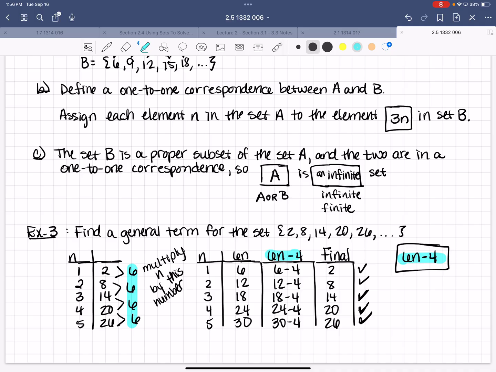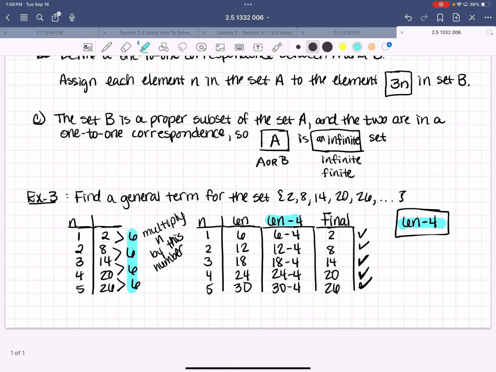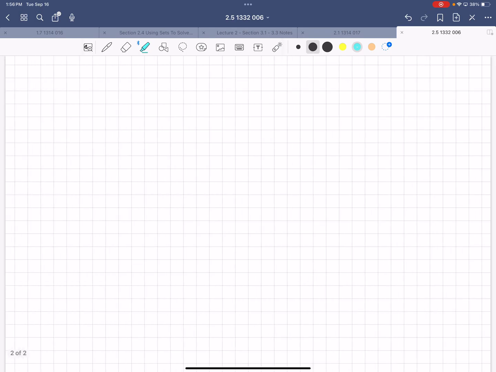Okay, let's do another one. Example 4. It'll get better, I promise. It says find a general term for the set.